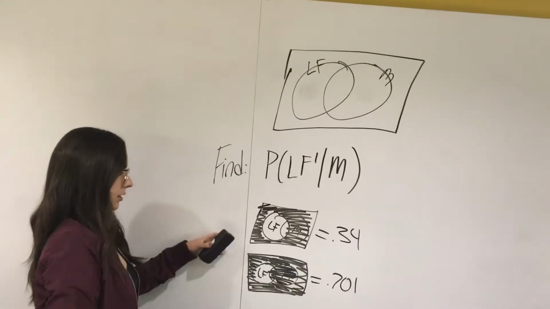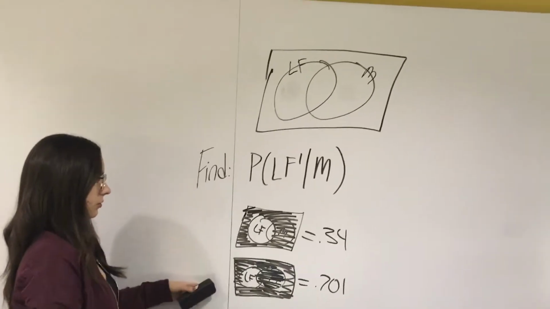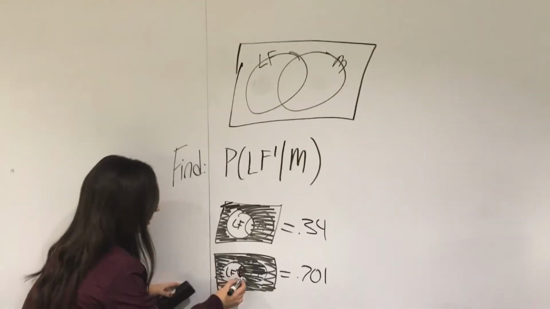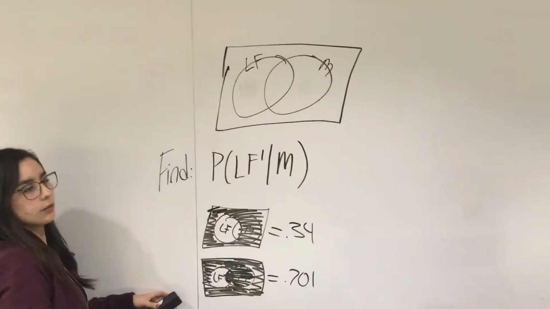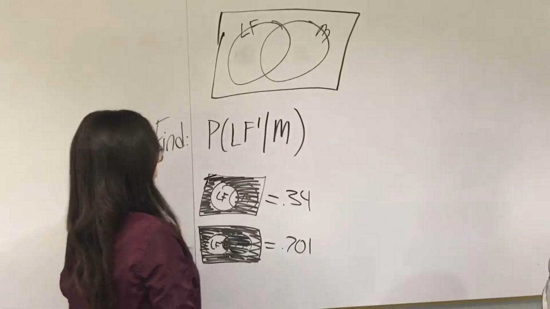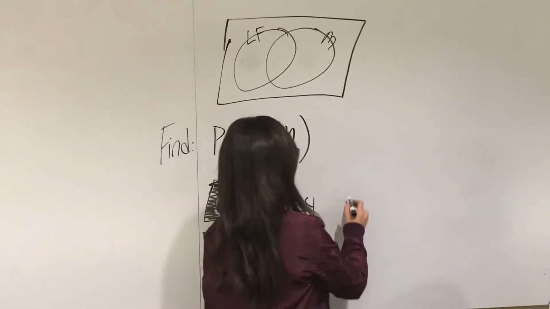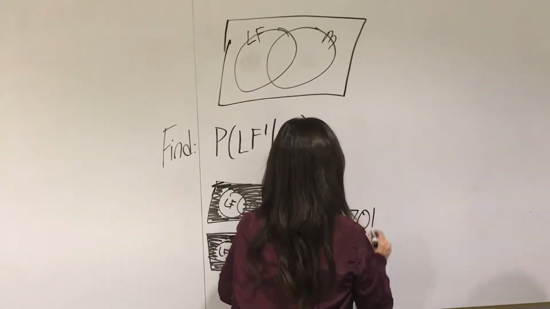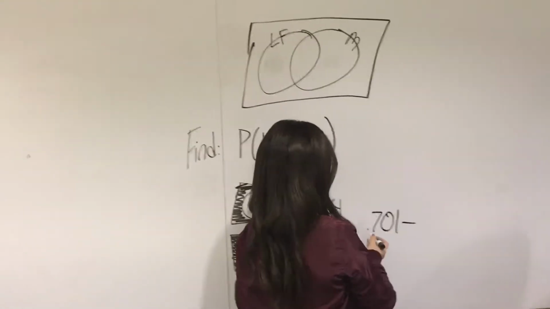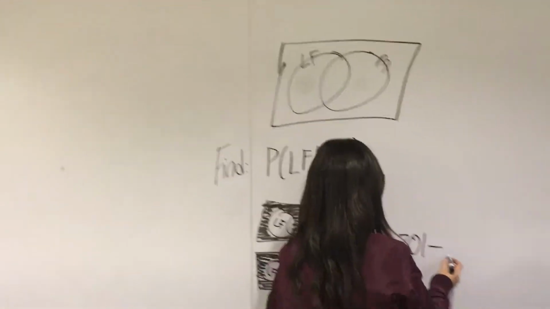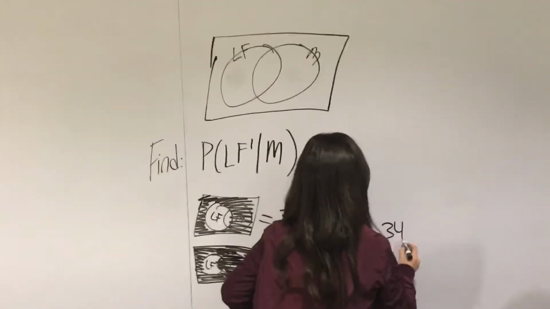So we can notice here that the only difference between the two is that this bit here is shaded on the 70.1. So what we're going to do is back up a little bit: 70.1, or I guess 0.701, minus 34.